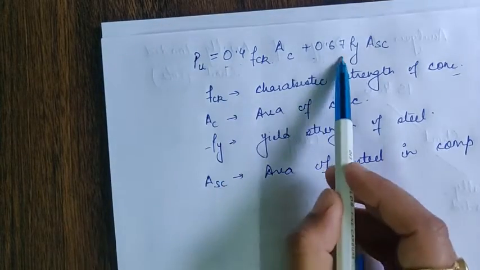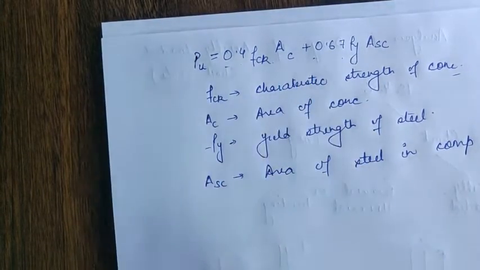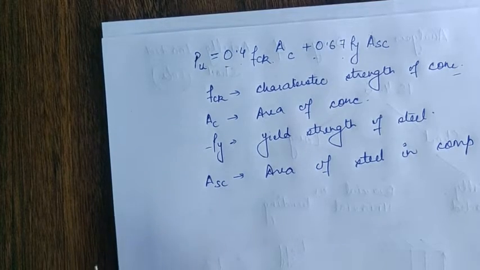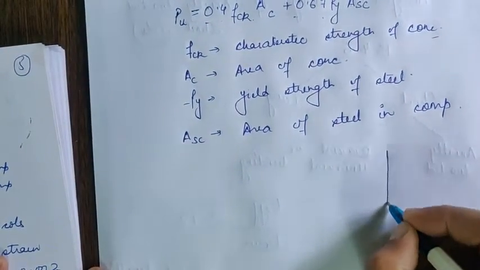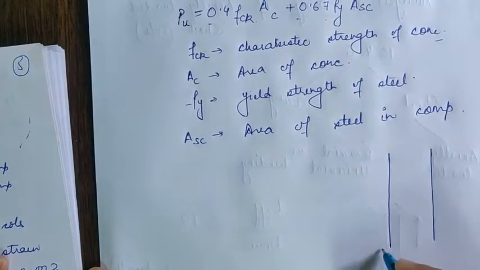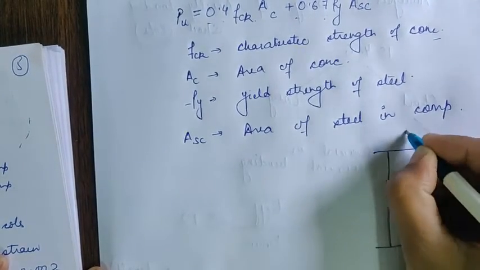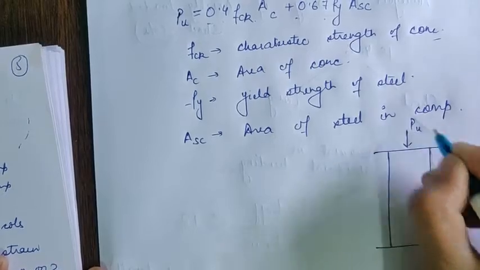I have already told you in my previous class what the bases are from where we get 0.4 and 0.67. Quickly I'll just revise that, from where do we get all these magic numbers. Actually, if we go to the basics, let us say I have a column subjected to a load P, ultimate load.